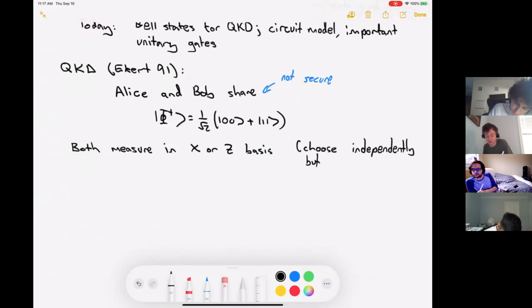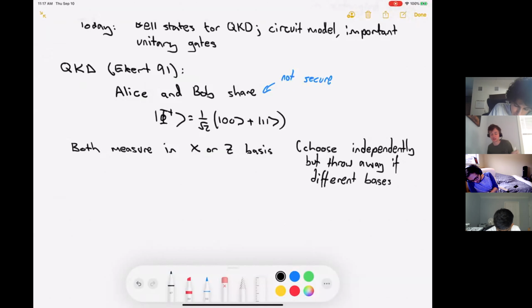This is exactly like BB84. If they told each other in advance what bases they were going to measure in, then you might worry that somebody could take advantage of that.